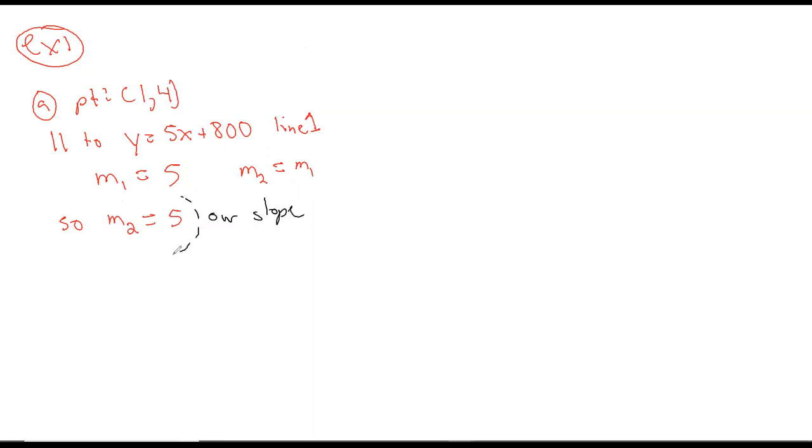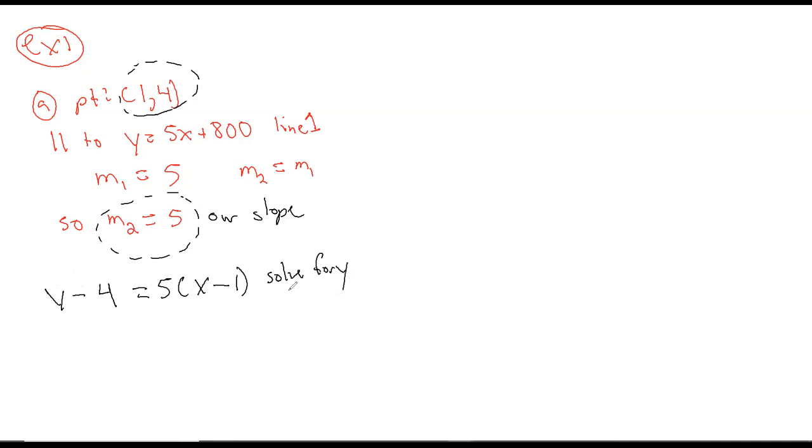So we need to use that slope and that point in the y minus y1 equals m times x minus x1 format. So y minus y1, that's going to be 4, equals the m, which is 5, times x minus x1, which is the 1. And then we need to solve this for y. So we'll distribute the 5.